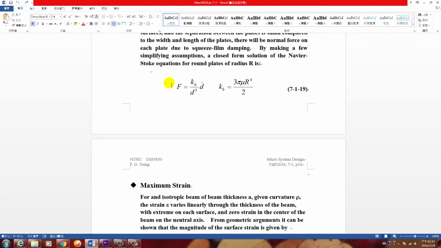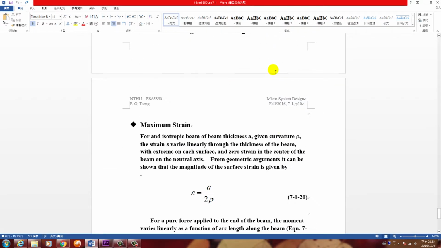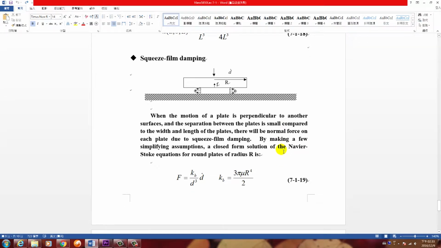Because the situation of under damping, critical damping or over damping depends on b squared minus 4 k m. So if we have a damping coefficient such that b squared equals 4 times the spring constant times the mass, the system will be critically damped.